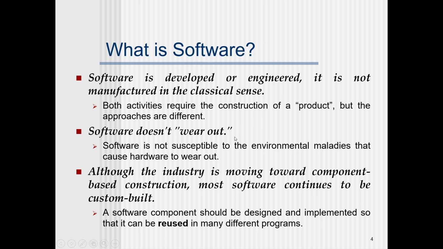The term wear out stands for hardware, not for software. Software is not susceptible to the environmental maladies that cause hardware to wear out. Although the industry is moving toward component-based construction, most software continues to be custom built. Software components should be designed and implemented in such a way that many of them can be reused in many different programs. That means one component of one software should be reusable in another software.